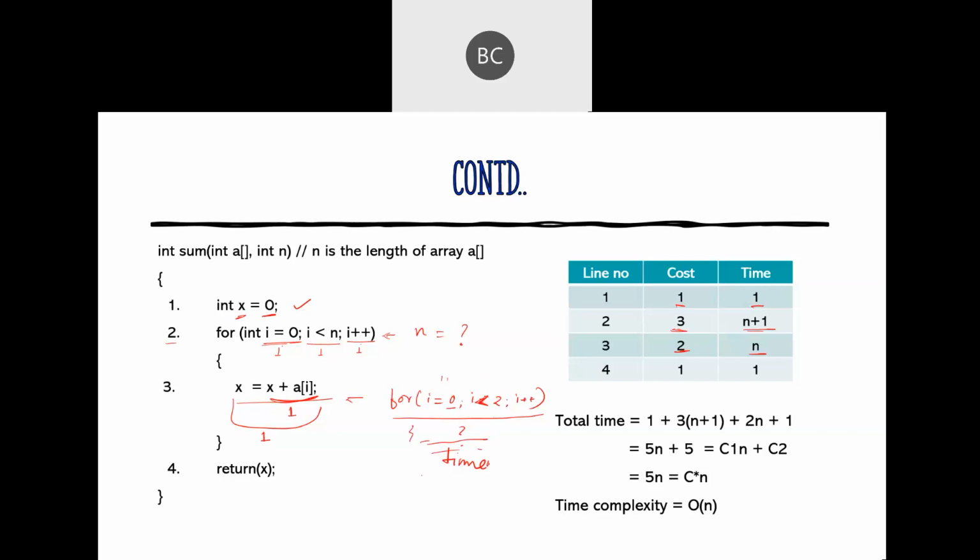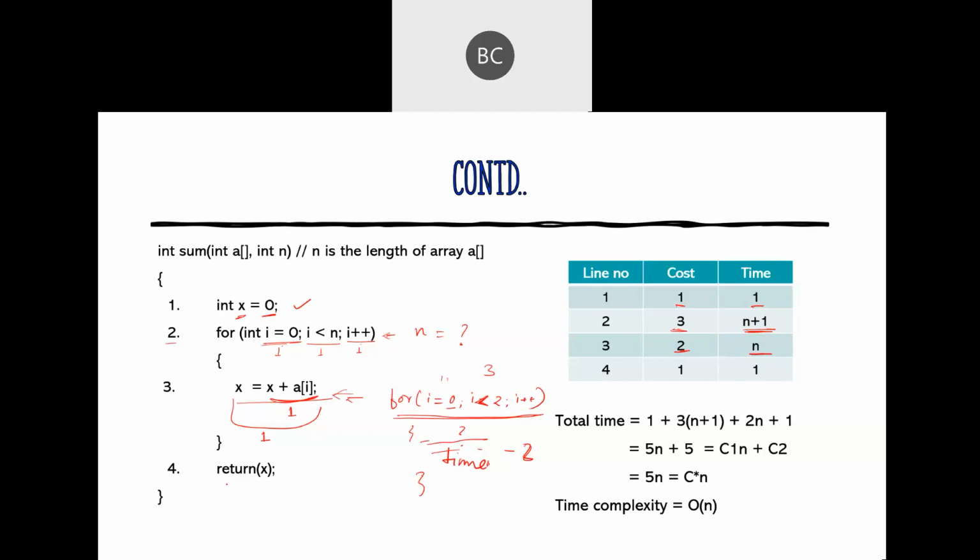When it is false, you will terminate the loop. So this inside portion will run 2 times, but this condition checking you will do 3 times. So in line number 2, the time is n plus 1 because you are also considering the false condition. But in this case, this line will be executed only when it is true, so time will be n.